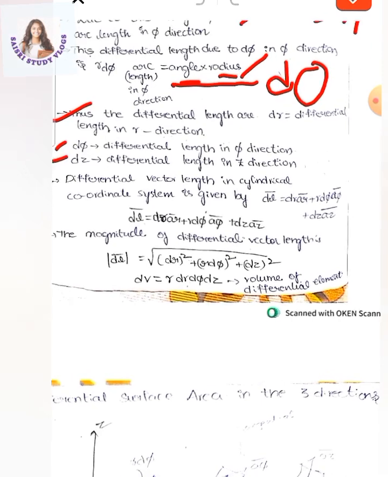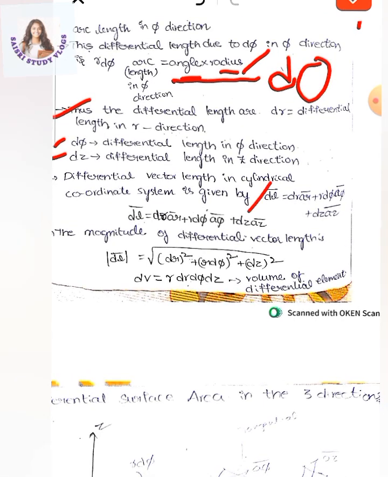In the same manner, in the cylindrical coordinate system also, dl bar is equal to dr ar unit vector plus r d phi a phi unit vector. So actually here we have to write d phi, but in order to have the same dimensions, here we are writing r d phi, plus dz az bar. So this is the formula.